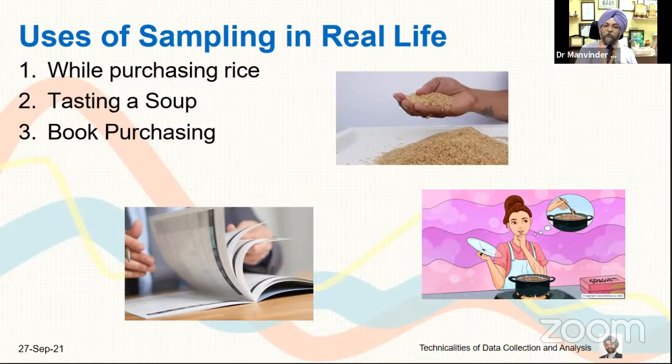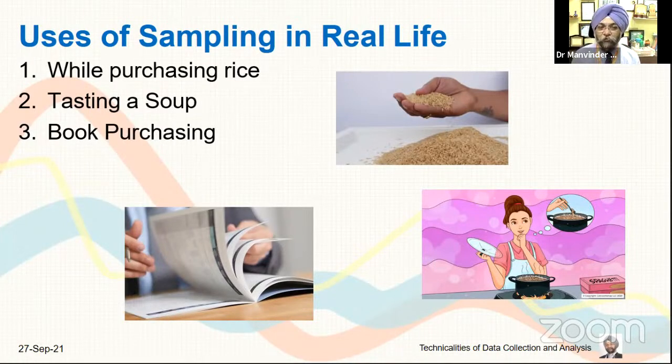Out of that heap, you will take a sample and see what quality it is before you buy it. That is the concept of sampling being used, because you are just hand picking some rice from the heap.